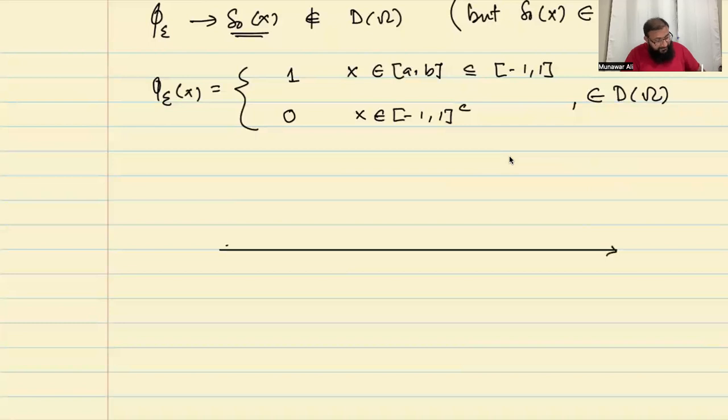So this is, let's say, -1, this is 1, this is a, and this is b, and this is somewhere here 0. But I'm not interested in 0. So from a to b, my function is 1.